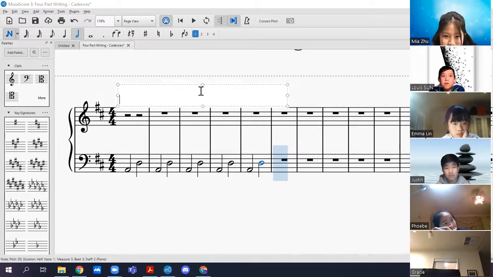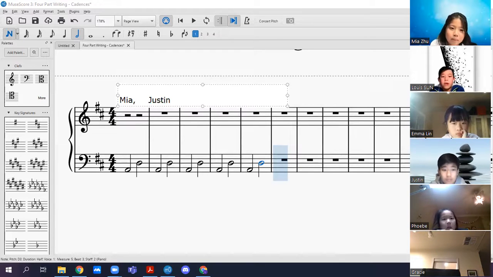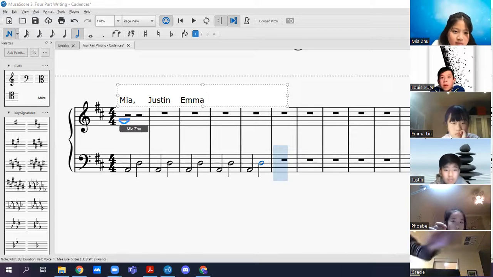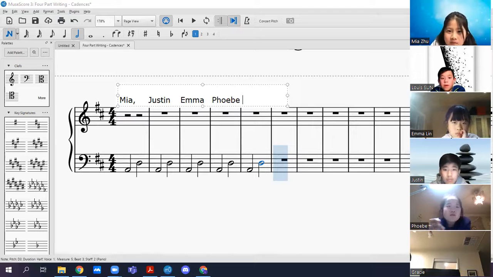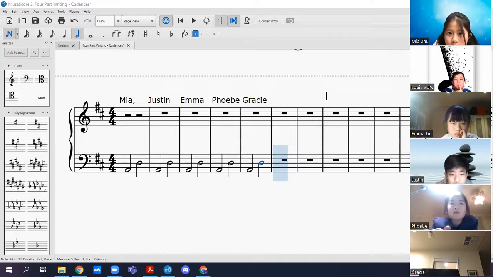Okay, so the first one's for Mia. Second one for Justin. So I think you can just draw straight on the screen. Emma. Okay. So you can draw straight on the screen.